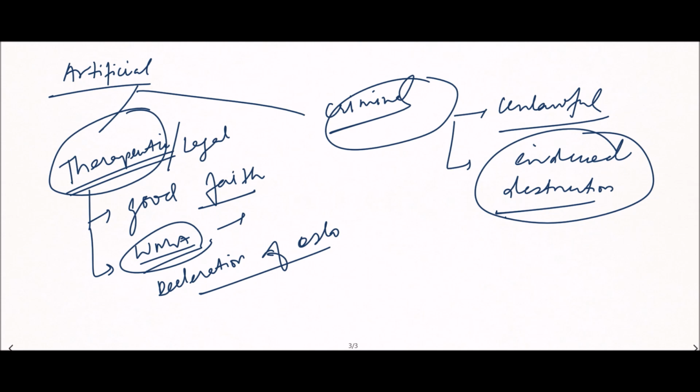Now, this therapeutic abortion is covered under various rules and regulations under Medical Termination of Pregnancy Act. Now, we will be discussing the criminal abortion in detail. So, the criminal abortion can be procured by various methods. So, the methods procuring criminal abortion.